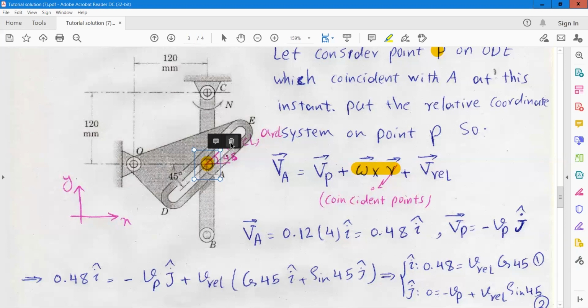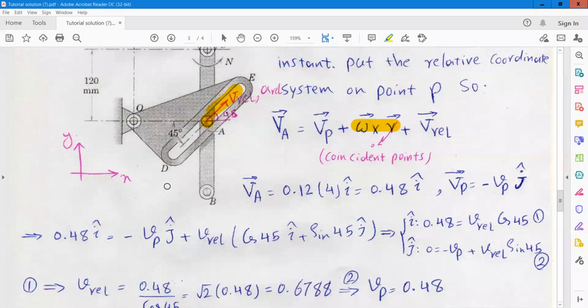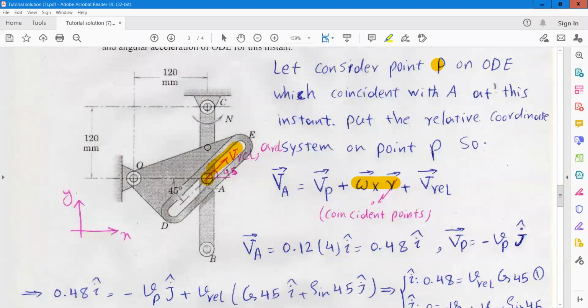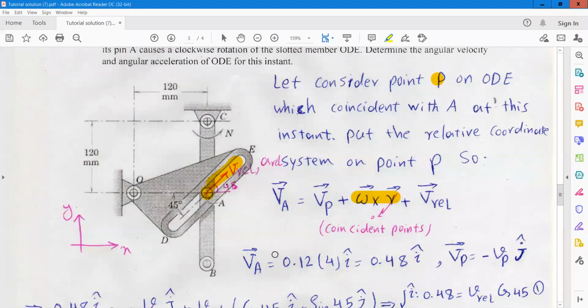As you can see here, this is the V relative, and VP is the velocity of point P, which is located on link ODE. VA is clearly obtained from the given data.